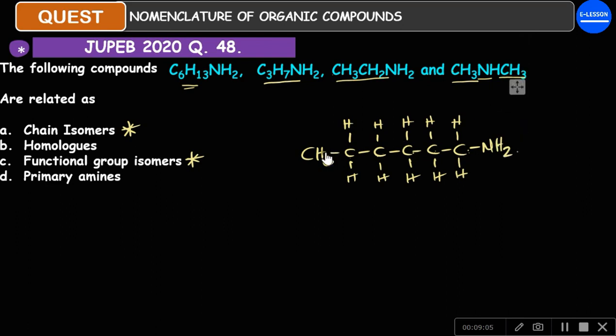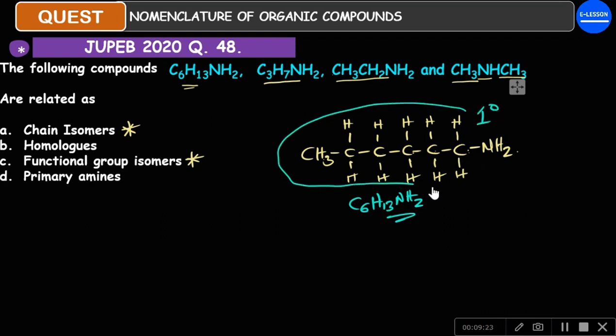Now, if you count this, how many hydrogens? 3 hydrogens. So we have 3, 4, 5, 6, 7, 8, 9, 10, 11, 12, 13. Are you getting it? That's why we have C6H13NH2. If you look at this very well, this is a primary amine. Why? Because it has just one alkyl group. You can classify this whole thing here as one alkyl group, according to what I taught you.